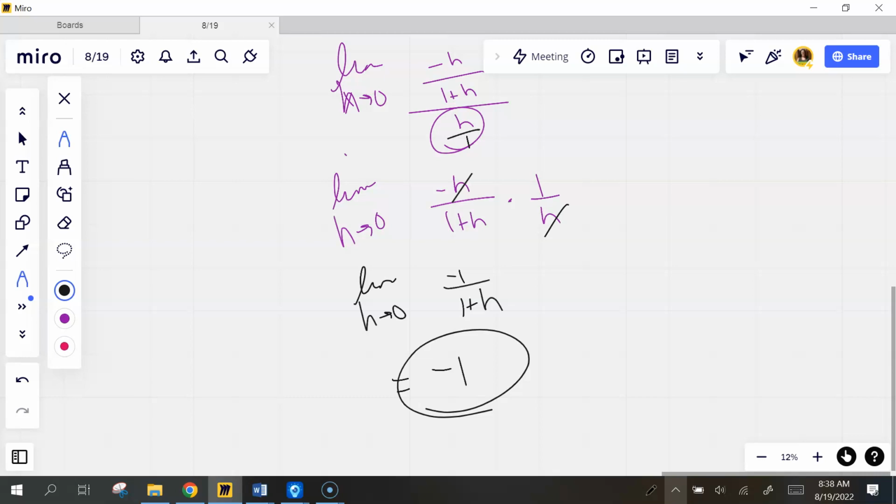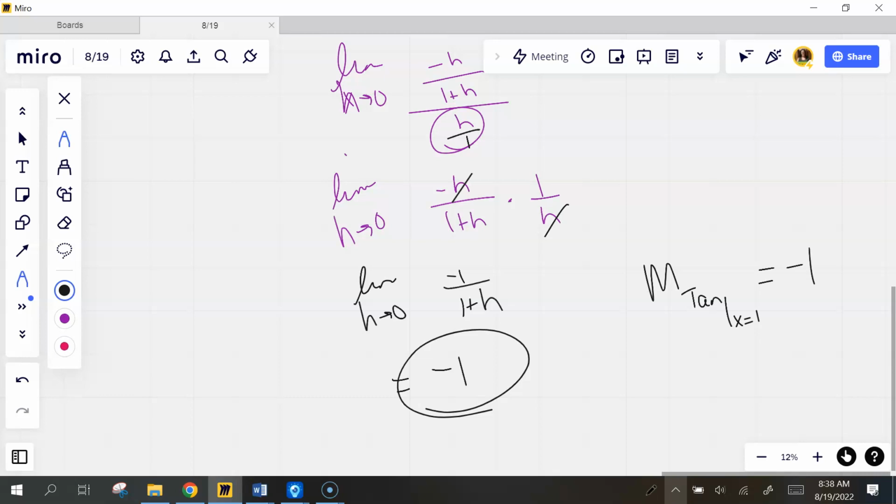All right, what did I find? What is that? It's the slope. The slope of what? Tangent line, and not just any tangent line, but the tangent line at x equals 1. The slope of the tan line when x equals 1 is -1.